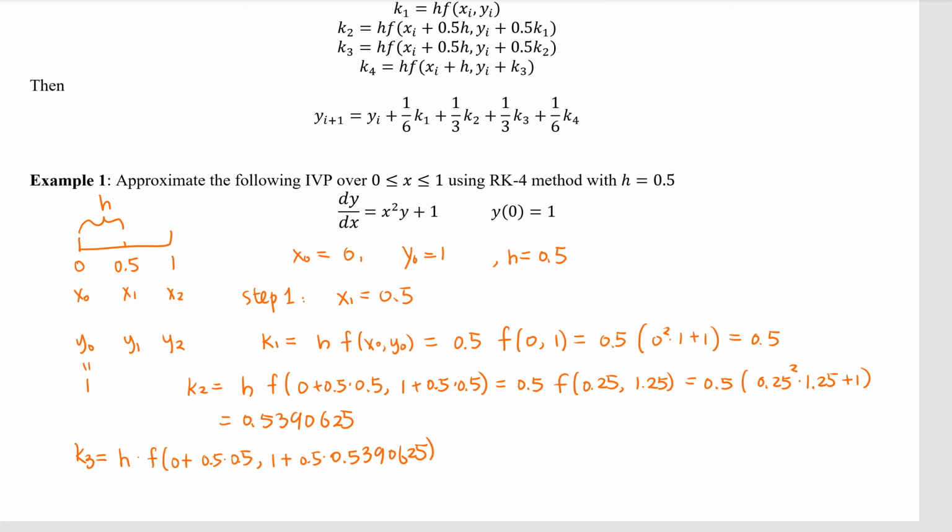So this is 0.5 times f, 0.5 times 0.5 is 0.25 squared times y. The y is actually 1 plus 0.5 times 0.539065, and then plus 1, because it's x squared times y plus 1. Let's calculate it.